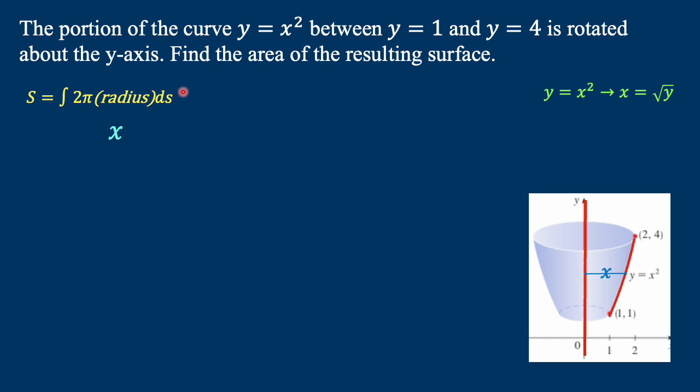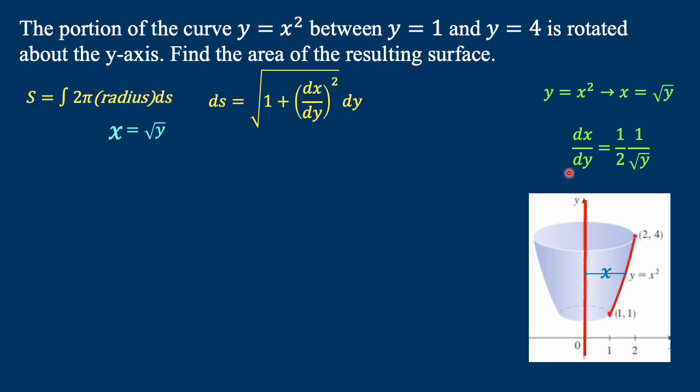So we need to find ds. ds is with respect to dy, so we have this formula: the square root of 1 plus dx over dy squared, dy. Let's find dx/dy. Take the derivative of x equals the square root of y. That's going to be dx/dy equals 1 over 2 times 1 over the square root of y.